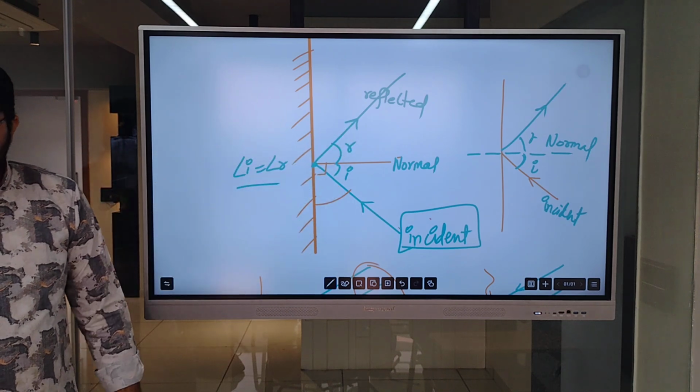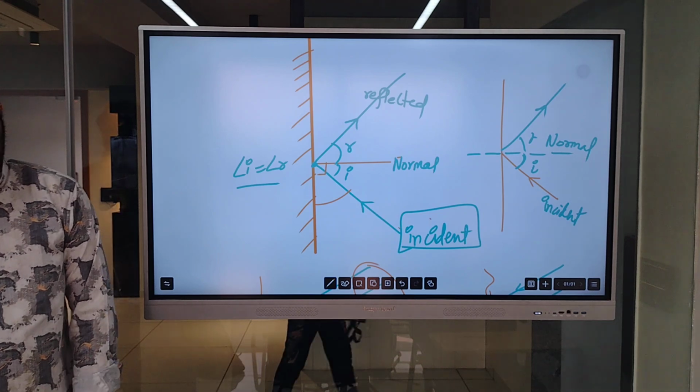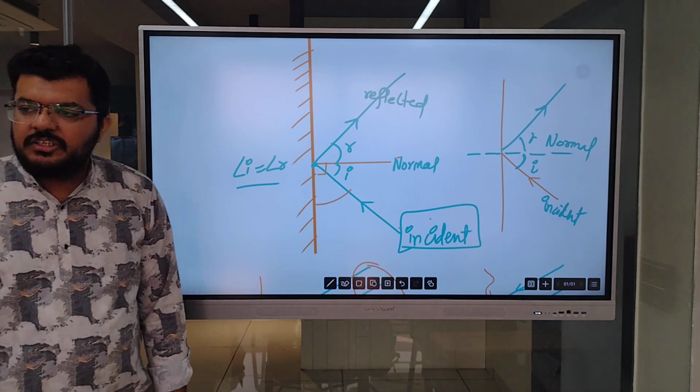Okay, do you understand this? Do you want to draw this? What is this? Reflection of light.